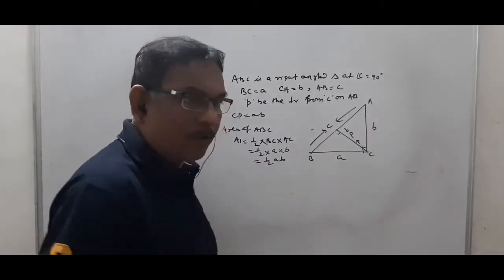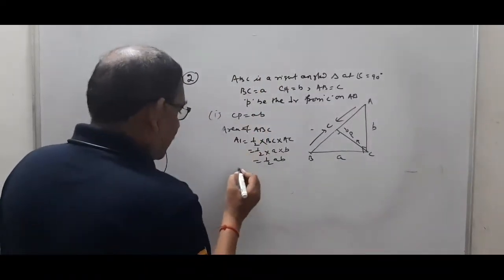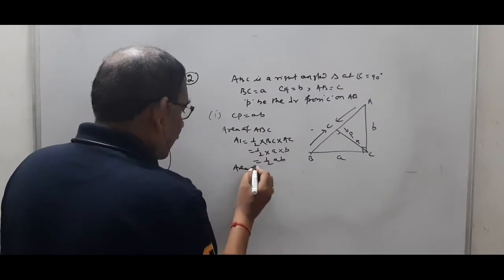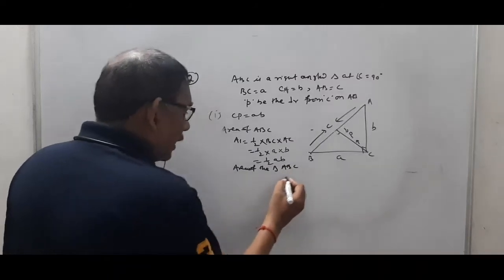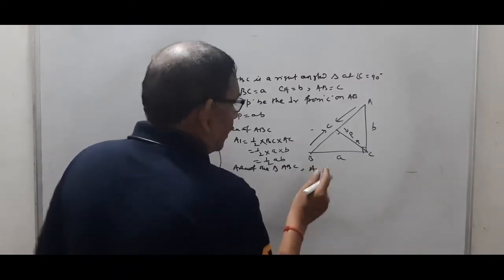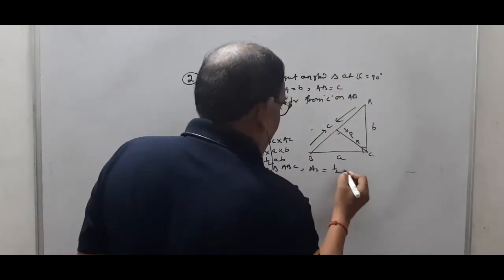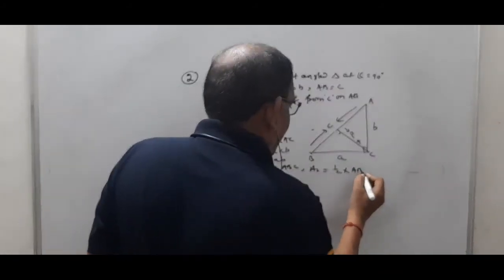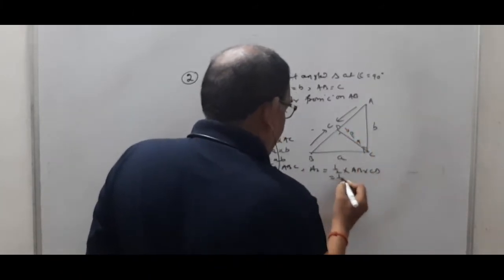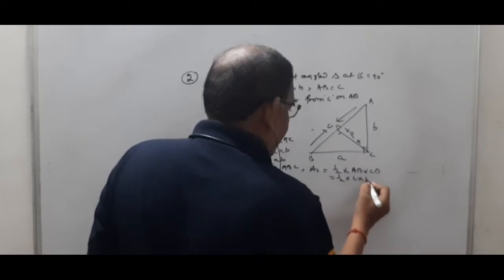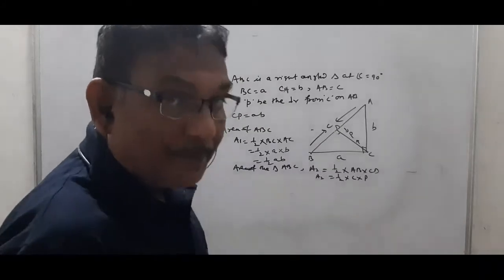It is one way to find the area of the right angle triangle ABC. Second way, again, area of the triangle ABC, A2. It is your base, it is your perpendicular. So half base into height CP, half C into P. Another way to find the area of the triangle ABC.